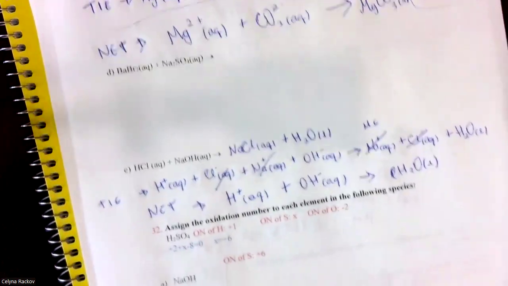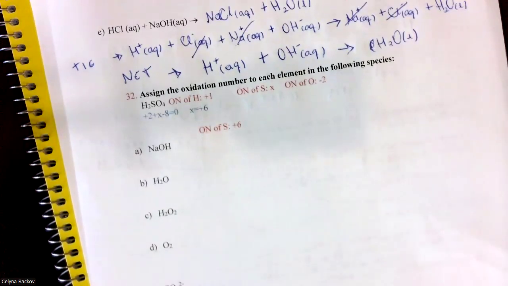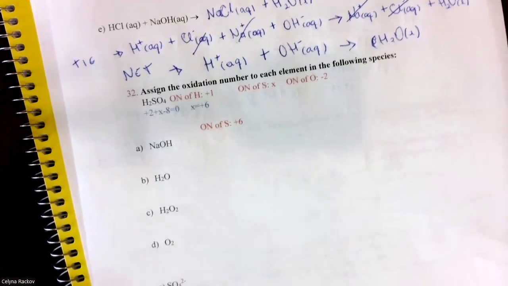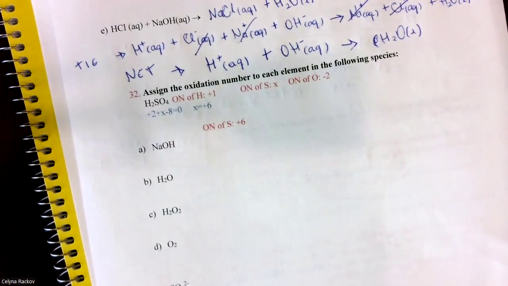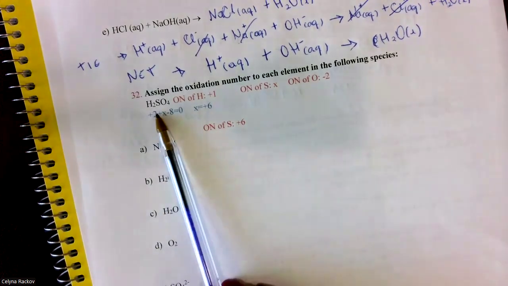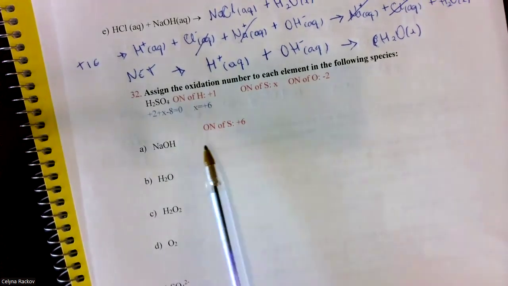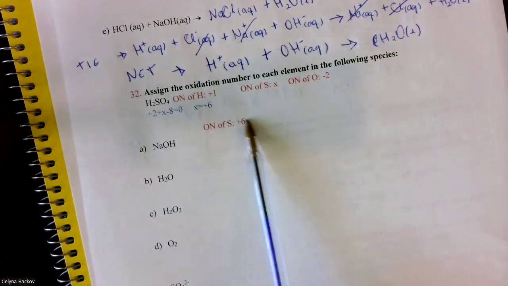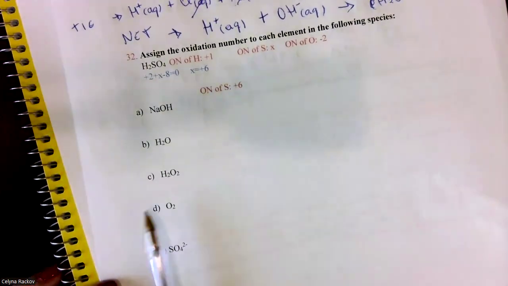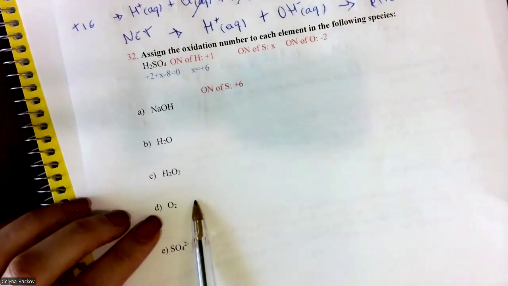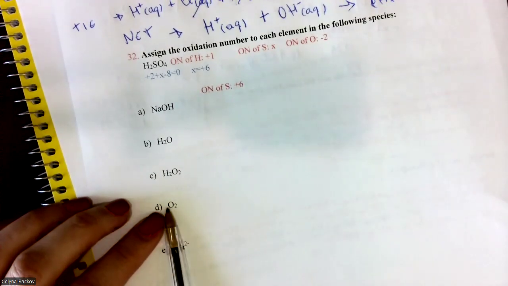Okay. All right. So question 32 is about oxidation numbers. For example, for sulfuric acid, it shows the oxidation number for sulfur is +6. You need to do all the math to find the answer. So first, the oxidation number for oxygen here.